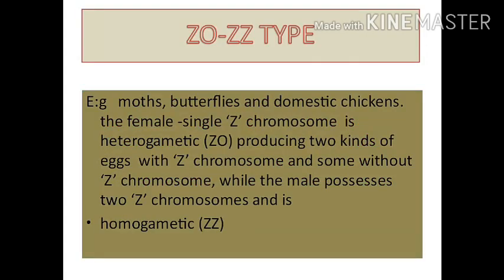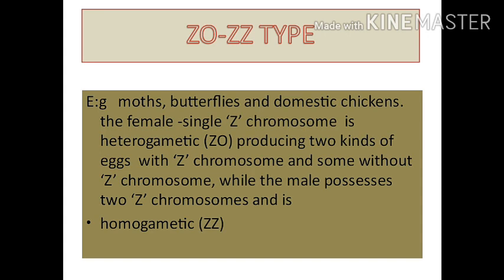Now coming to the ZO female, ZZ male crossing type. Here the female will be producing two types of eggs, one with the Z chromosome and another one without the Z chromosome. So only it is said to be heterogametic female.